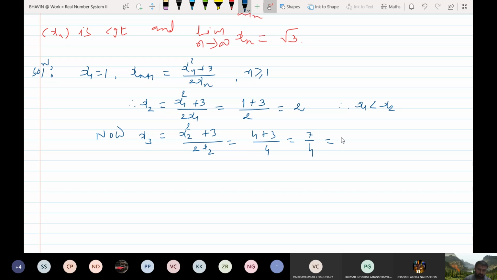So 7 by 4 is less than 2, which is equal to x2. So therefore from this you can see that x3 is less than x2. Here you got x1 is less than x2, and here you got x3 is less than x2.